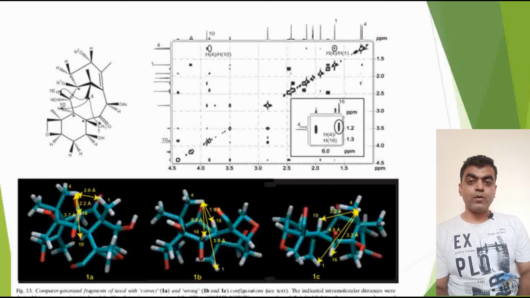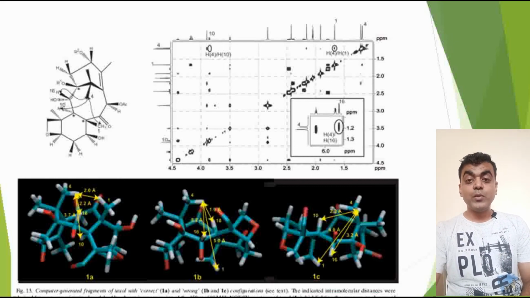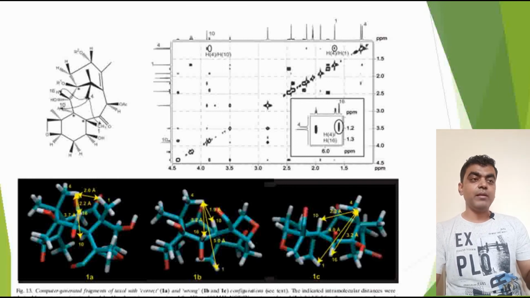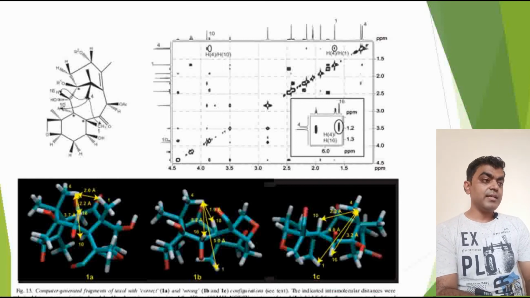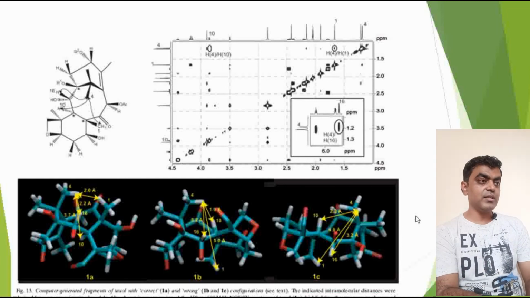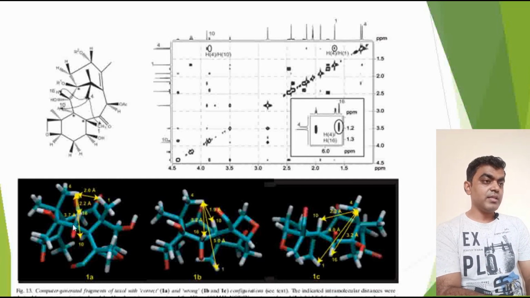By using the spectra only, you get a very brief, preliminary idea of what the structure can be. And based on that, these days there are a lot of software packages which can also give you that model. You can see here, this is through space. If I talk about here, this is like 2 angstrom, 2.2 angstrom.